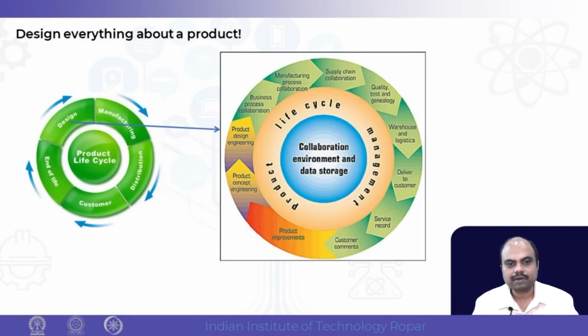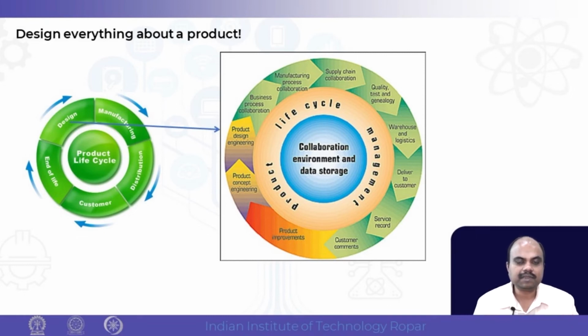Another thing we should understand is that design covers everything about a product. Sometime back I was telling that when you're talking about the product life cycle, designing is one part, apart from manufacturing, distribution, customer, and end of life.